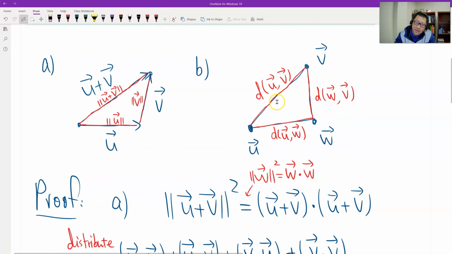Remember d is like this: the distance from a point to a point should be less than or equal to the distance from a point to the midpoint, and then from the midpoint to the last point.